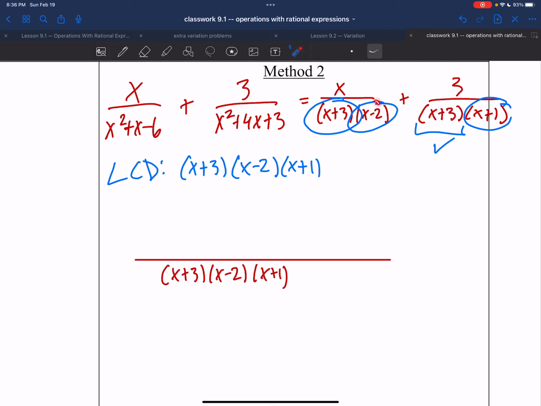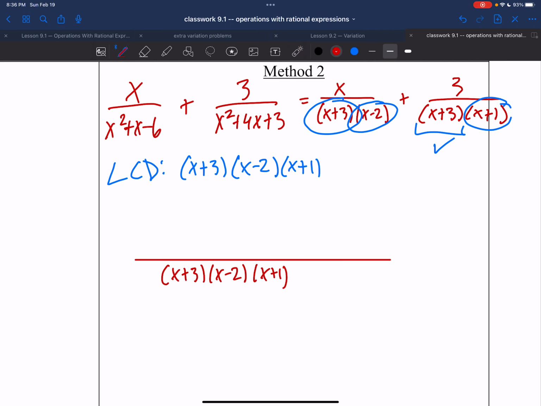Now, if I'm looking at this denominator, I've got my x plus 3, I've got my x minus 2, but I need an x plus 1. So I'm going to multiply by x plus 1 on top and bottom. Now doing this makes it match this LCD, but basically what I need in the numerator is this x times (x plus 1).